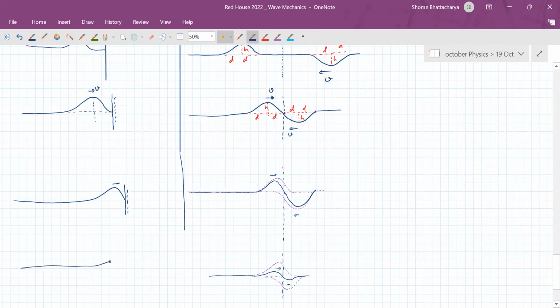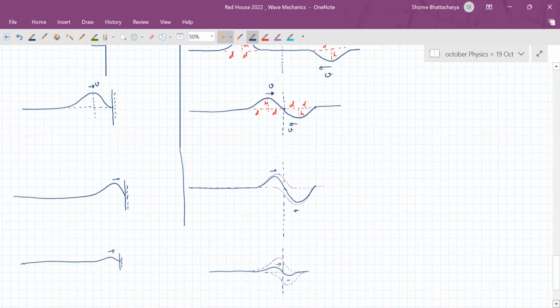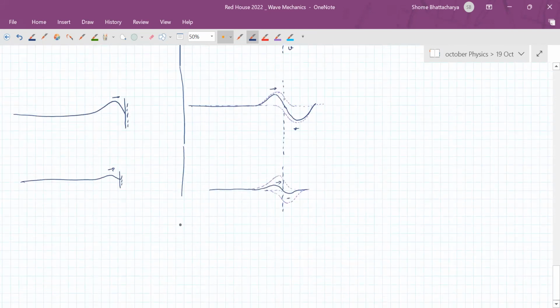So over here, and then we have a situation where the two pulses are perfectly overlapped. There they have a cancellation kind of effect. So effectively, the string is at rest for a moment. I mean, at the mean position for it. That's what happens.